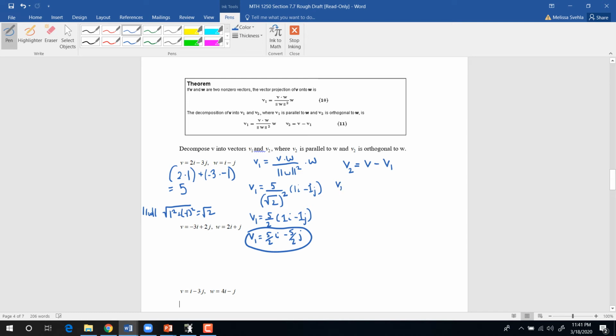So it's going to look like this: 2i minus 5 halves i, and then plus -3j minus 5 halves j. So 2 minus 5 halves i is equal to -1/2. Sorry, my bad, not j, it is going to be equal to -1/2 i.